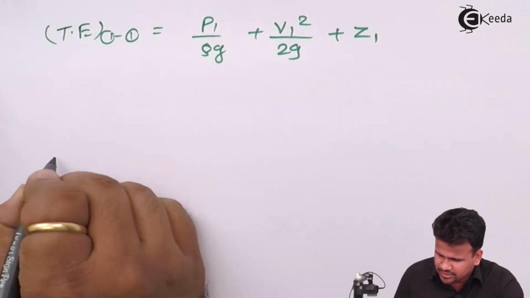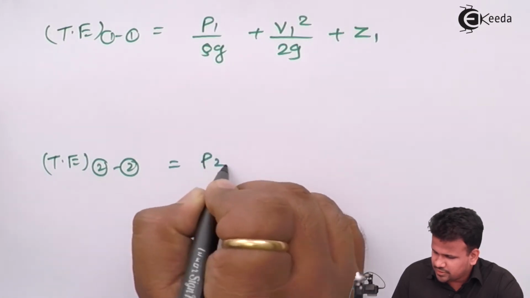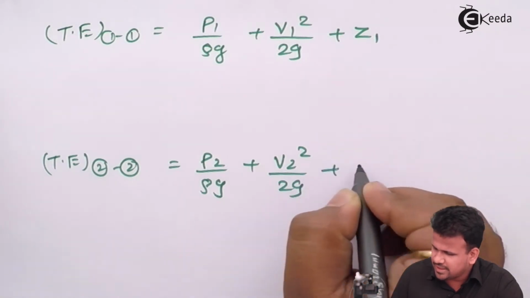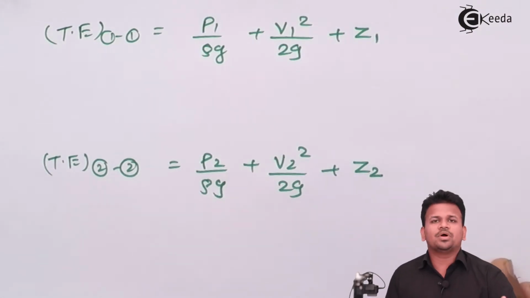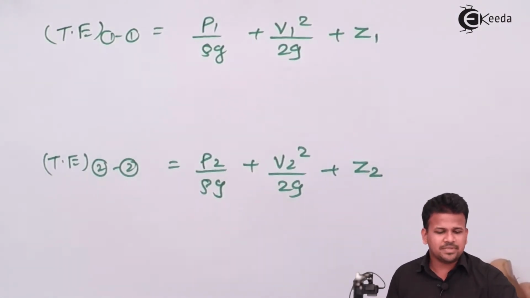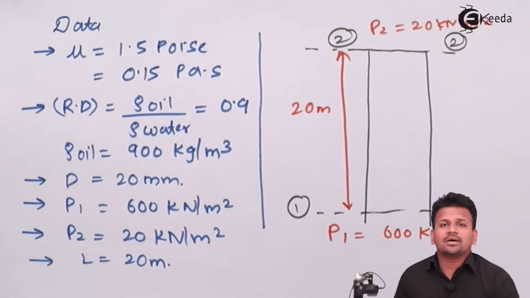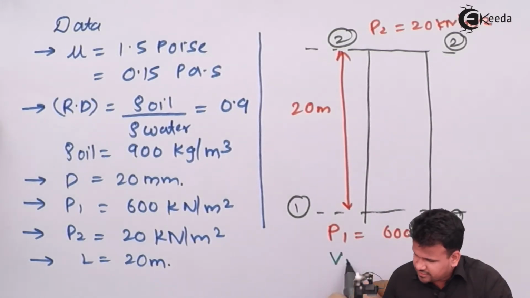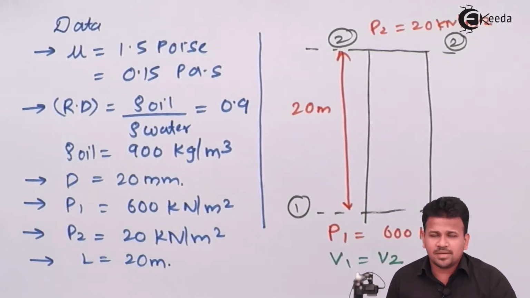And the total energy at section 2-2 is P2 by rho g plus V2 square by 2g plus Z2. Now, one of the most important things we know is that the pipe diameter is not changing. Since the pipe diameter is not changing, the cross sectional area is constant. If the cross sectional area is constant, we can write that V1 is equal to V2. Both the velocities across the sections are the same because the area of cross section is the same.